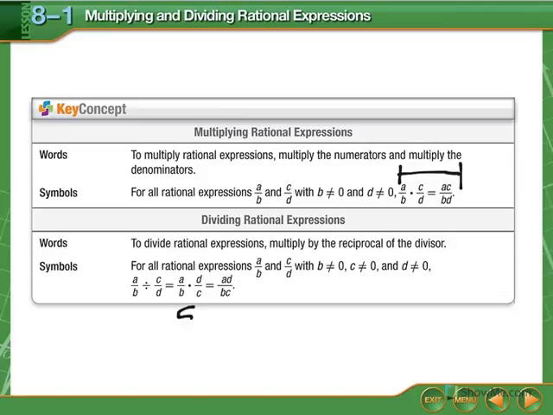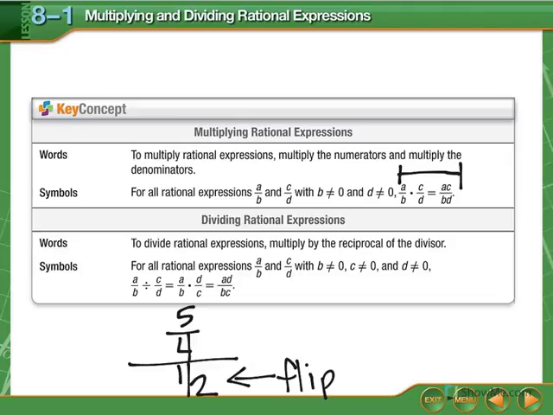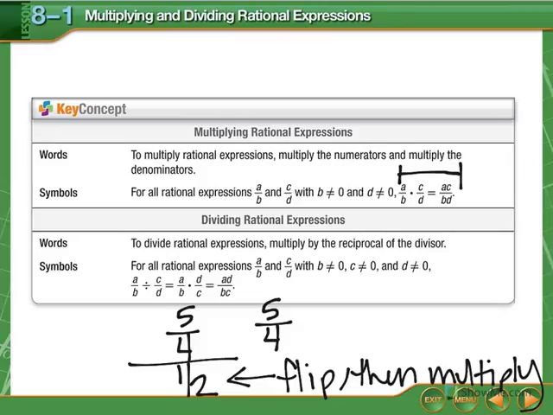So we say we have 5/4 divided by 1/2. Well, the way you would solve this, you would actually take your denominator, you would flip the fraction, and then you would multiply straight across. So we would actually take 5/4.